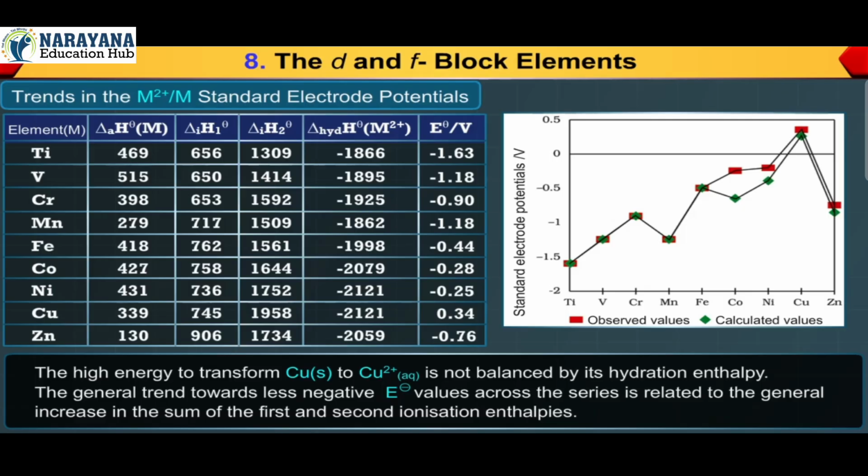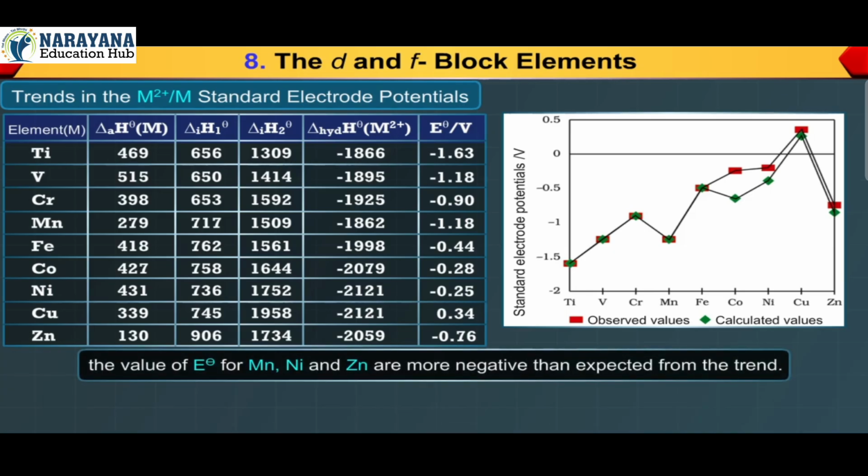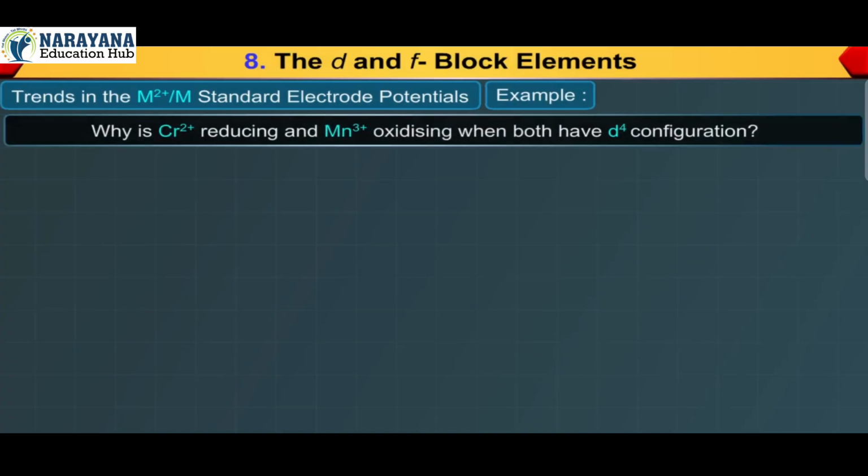The general trend towards less negative E standard values across the series is related to the general increase in the sum of the first and second ionization enthalpies. It is interesting to note that the values of E standard for manganese, nickel, and zinc are more negative than expected from the trend. Example: why is Cr2+ reducing and Mn3+ oxidizing when both have d4 configuration?